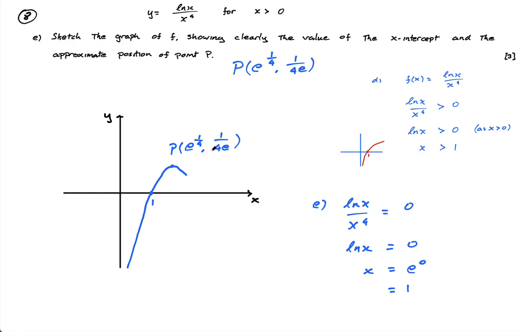Now what happens at this point, as x gets very, very big? Imagine x is, I don't know, 100, or let's even say 10. When x is 10, the numerator is 10 times 10 times 10 times 10, which is 10,000. And the denominator is ln of 10, which is actually not that big a number.